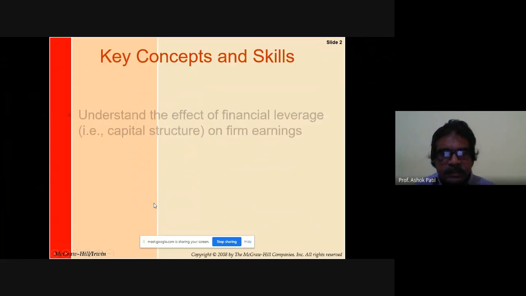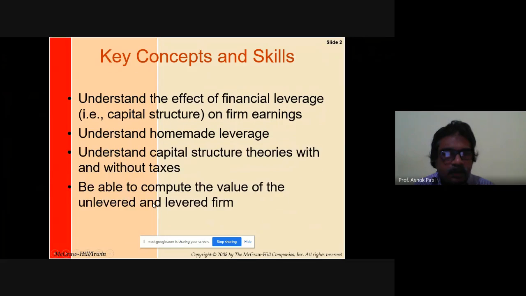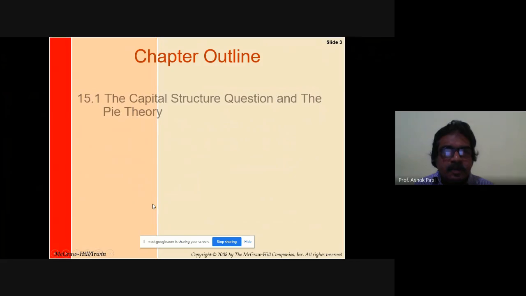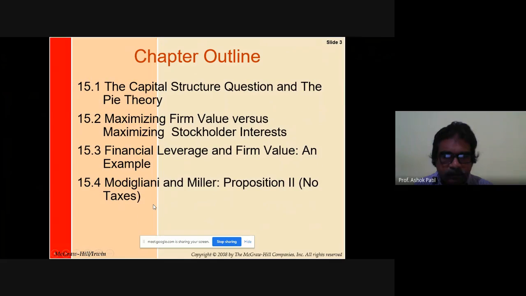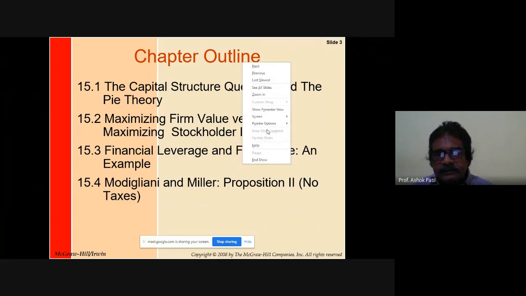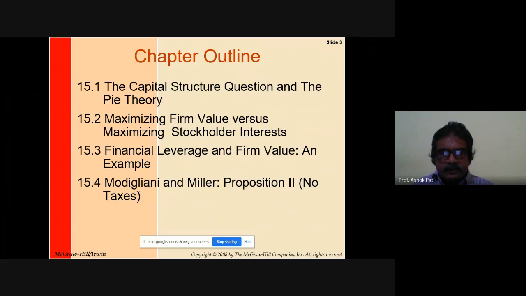But just remember that the capital structure is talking about 2 parts. One is with the tax environment and the other without the tax environment. We already know this from your previous course, which is corporate finance. So we have seen these capital structure things, right? And we have seen the MM theory.